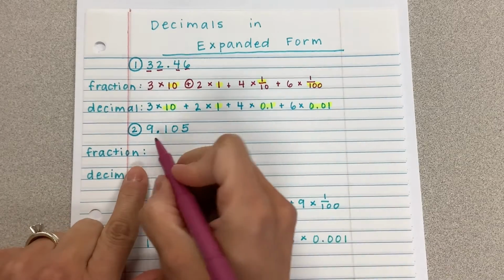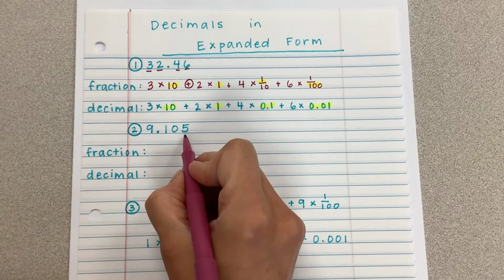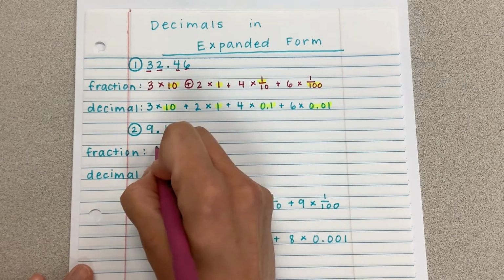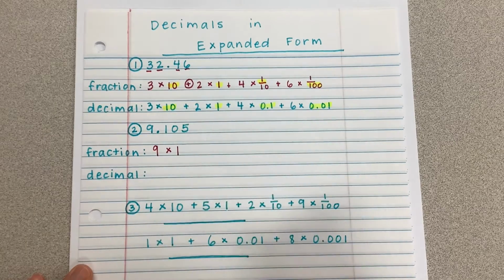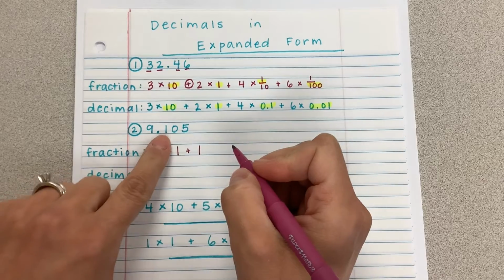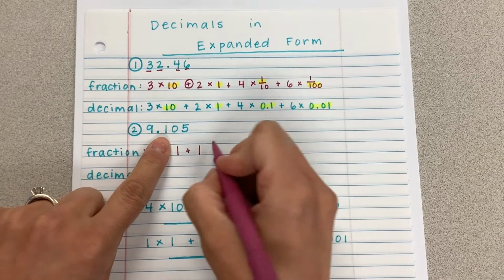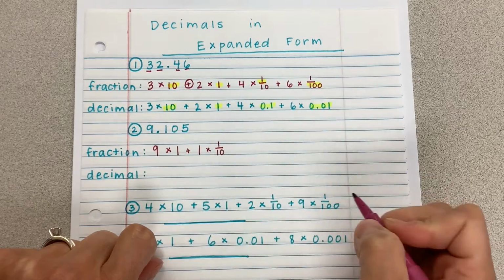So we're going to do that again for 9 and 105 thousandths. So I'm going to take my 9 and I'm going to multiply it by its place value, which is 1 whole. And I'm going to add my 1, which is in the tenths place value. So I'm going to multiply that by 1/10.